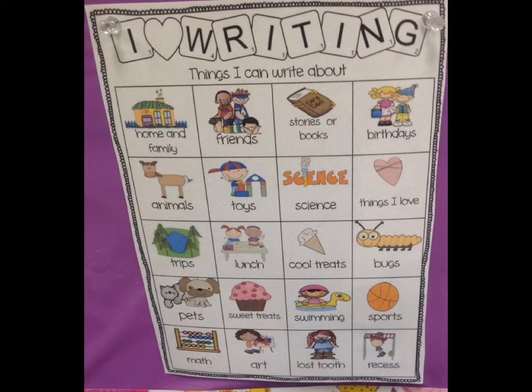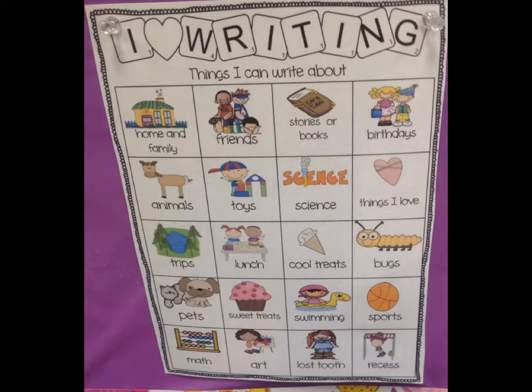Here's an example of how I differentiate writing, where I have once again one of the anchor charts where everyone can be writing about any of these topics, but the thing that they're focusing on, or how detailed they are with their writing, depends on where they are.